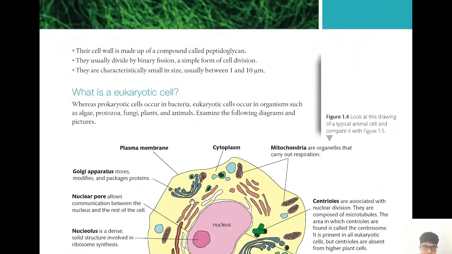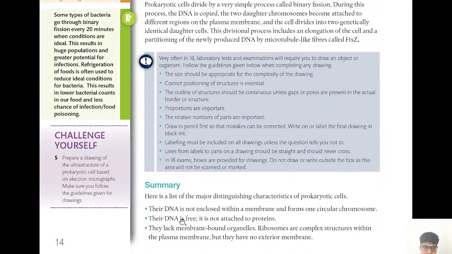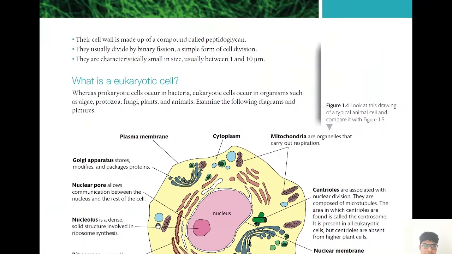Okay, so a summary. Here is the list of major distinguishing characteristics of prokaryotic cells. Their DNA is not enclosed within a membrane and forms one circular chromosome. The DNA is free; it is not attached to proteins. They lack membrane-bound organelles, and ribosomes are complex structures within the plasma membrane, but they have no exterior membrane.